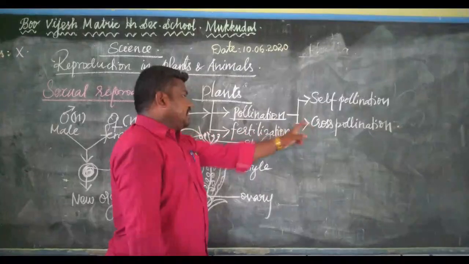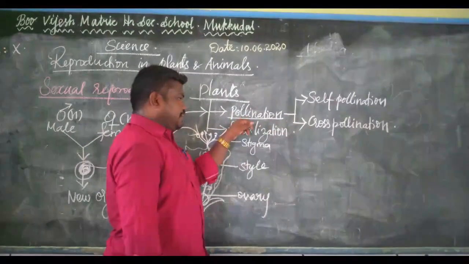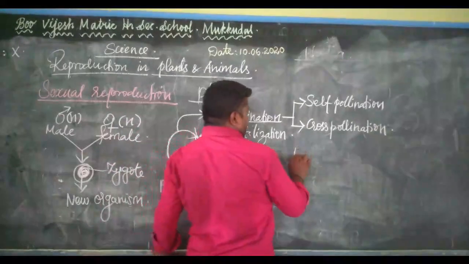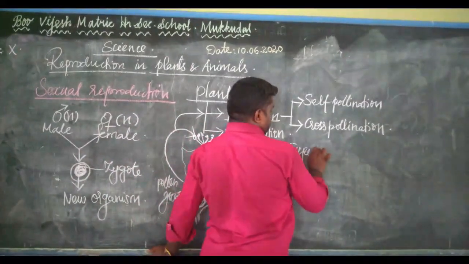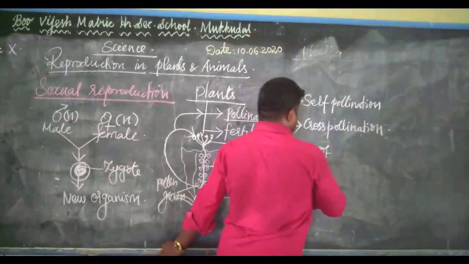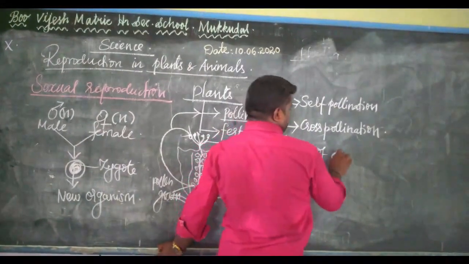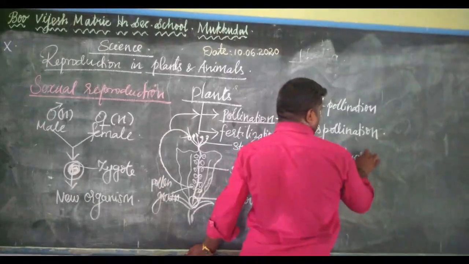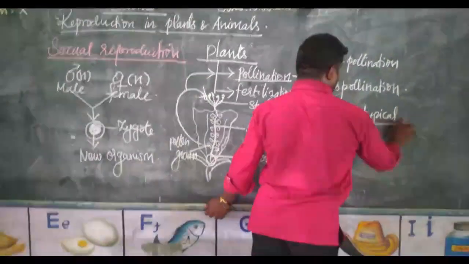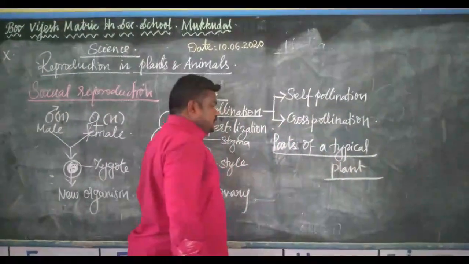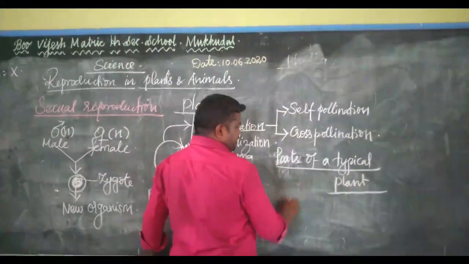Self-pollination and cross-pollination. Next we will see the parts of a typical flower.